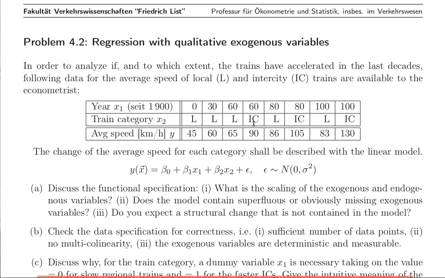But anyway, up to the year 1960 we have 1 category, and afterwards we have 2. So maybe there is some structural change which would require an additional dummy, but there is no further evidence for that. So that was task A.